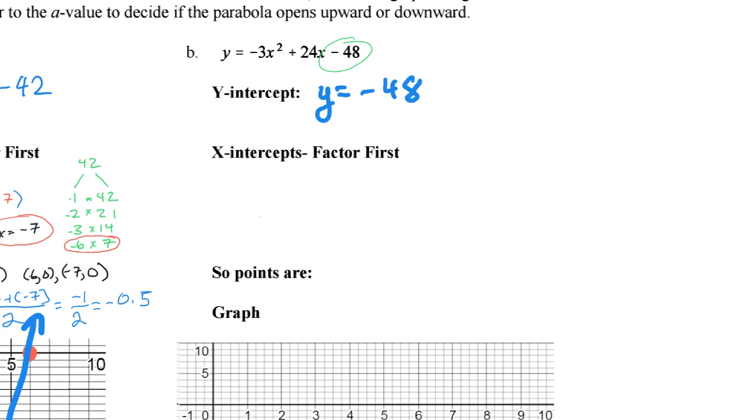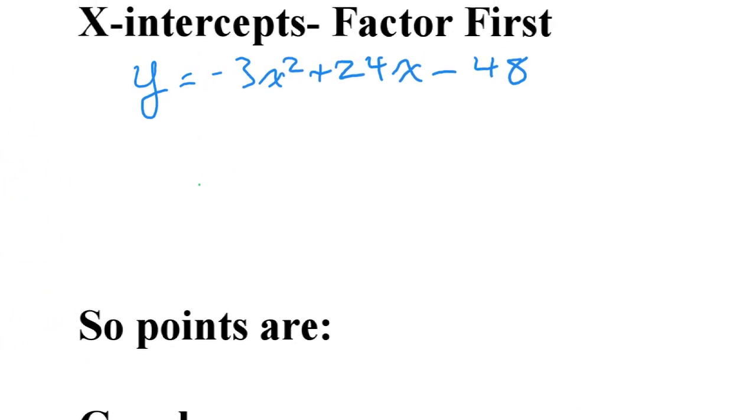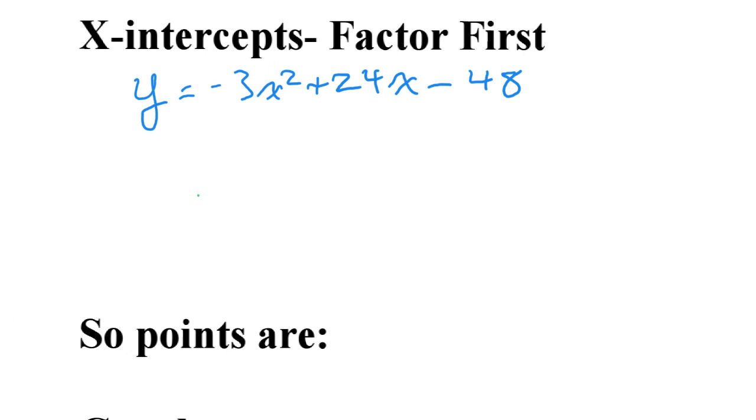Now, as for my x-intercepts, we have to copy down our equation, and then we're going to have to factor it. So we got y is equal to negative 3x squared plus 24x minus 48. Now let's zoom in on that, because this equation is very special.